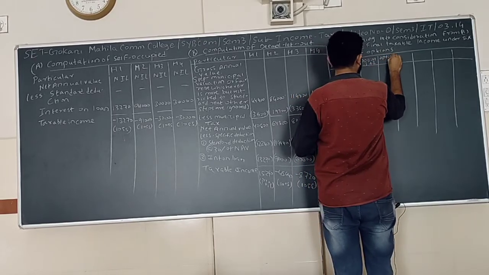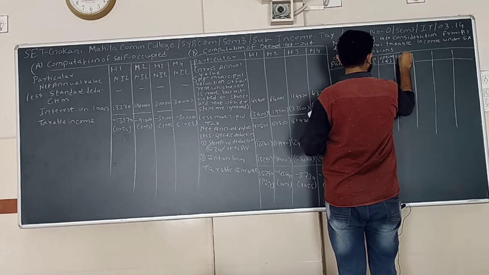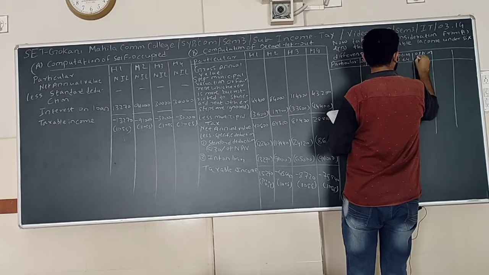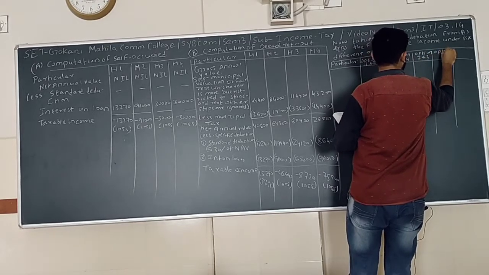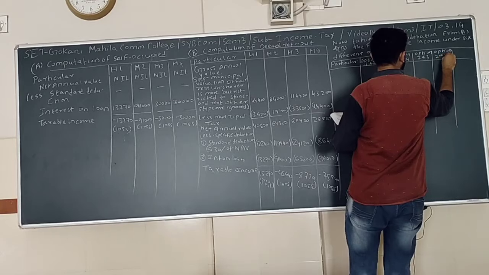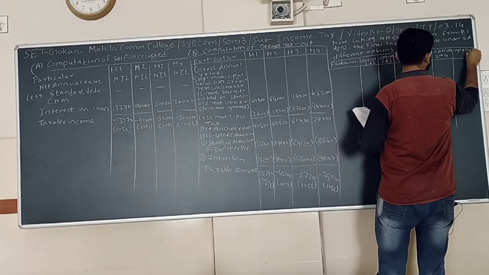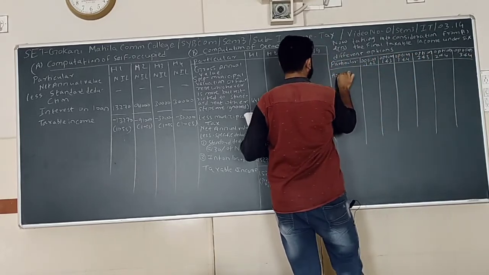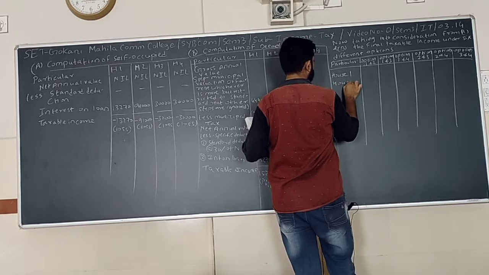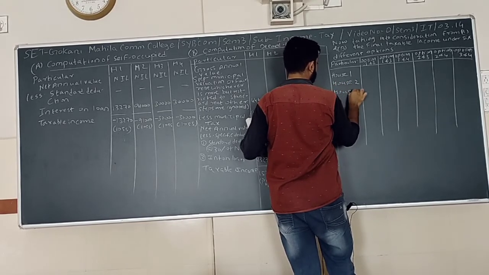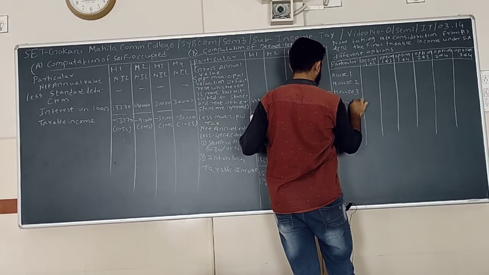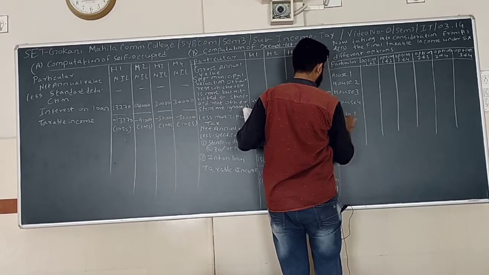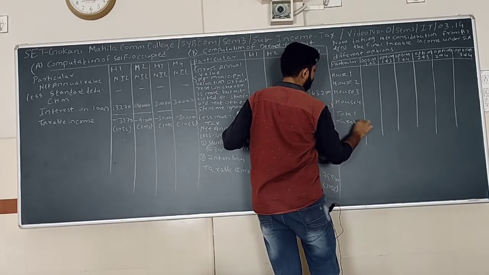Option 2, house 1 and 3. Option 3, house 1 and 4. Option 4, house 2 and 3. Option 5 is house 2 and 4. And option 6 is house 3 and 4. So here we will write house 1, house 2, house 3, house 4, taxable income, and last the total taxable income.